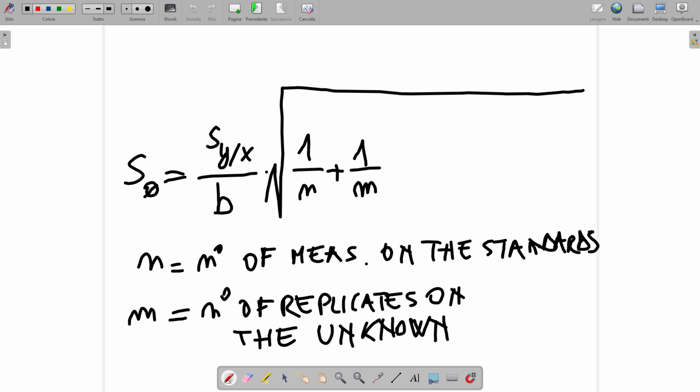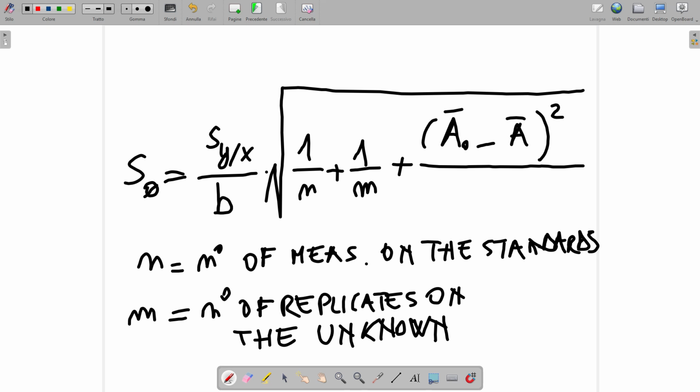Then we have a ratio. Here we have, in the numerator, A0, the average, because we have injected the unknown sample m times, minus A average, and I will explain what it is, squared.